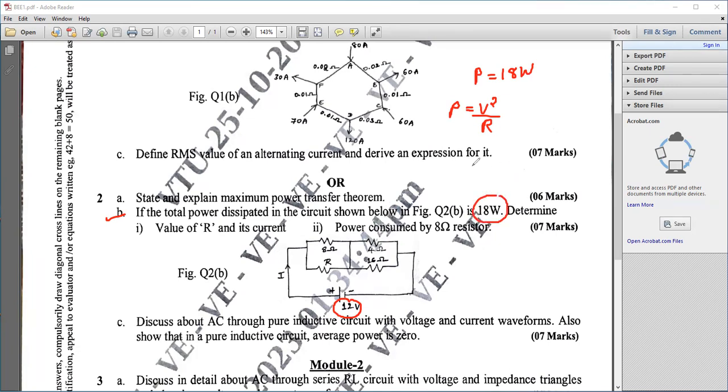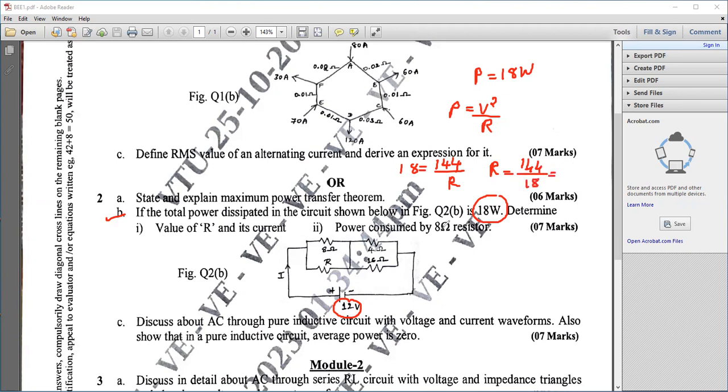So we can compute the total resistance first: 18 is equal to 12 square, 144, divided by R. From this you compute R, which is equal to 144 by 18.